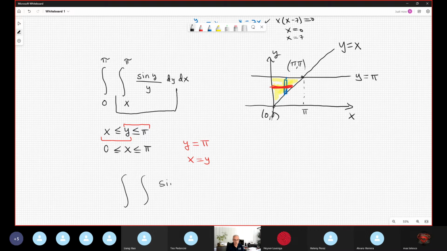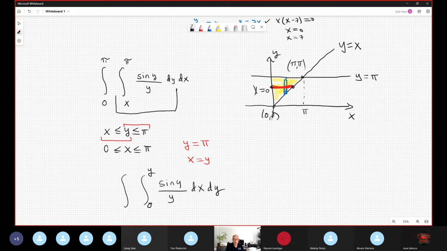The integral function doesn't change. The only thing that changes is the direction of the integration. So in that case, I go x from 0, this is x0, to the x of the line, which is, the line is y equal x, so it is y, no? From 0 to y. Makes sense, right?